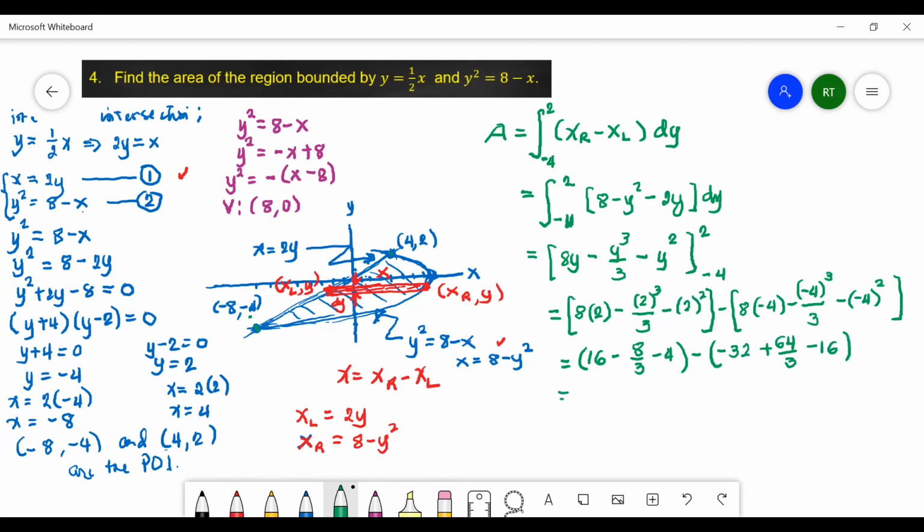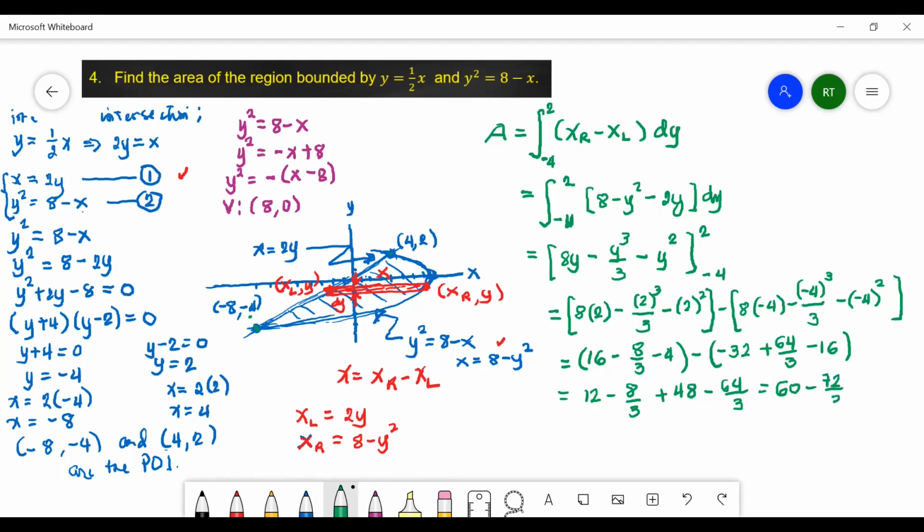Hence we have 16 minus 4 is 12, minus 8 over 3. -32 minus 16 is -48, minus minus gives us positive 48, minus 64 over 3. Now 12 plus 48, of course, is 60, and -8 plus -64 over 3 is -72 over 3.